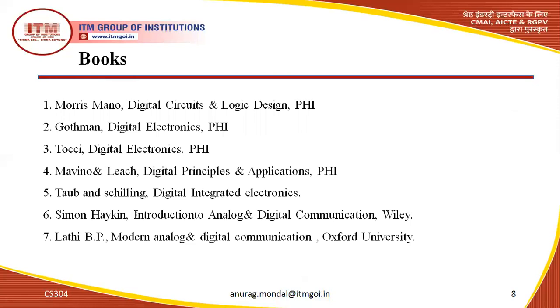So in this session, we learned about the importance of the concept of digital electronics, how important it is in the computer science department. Then we went through the syllabus, what we are going to study in this series of lectures, and at the end, the reference books. So that's all for today. Thank you.